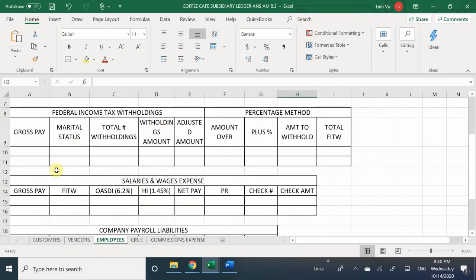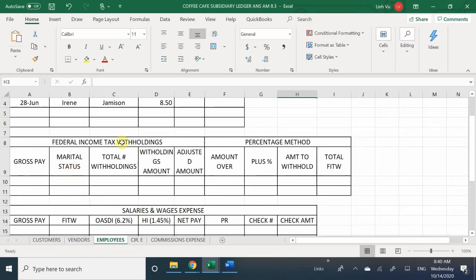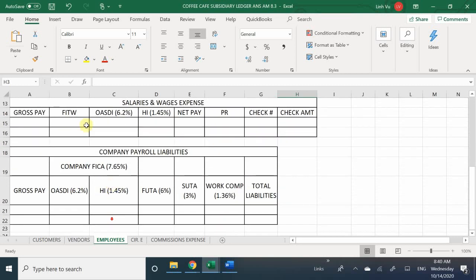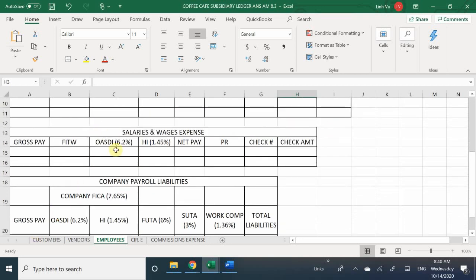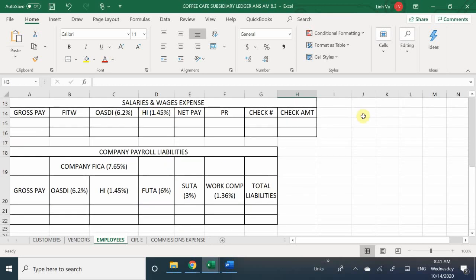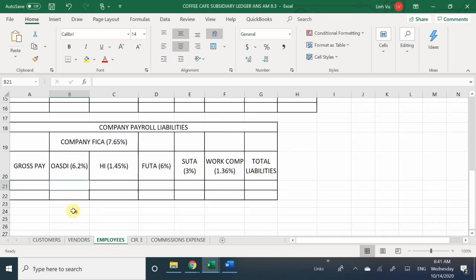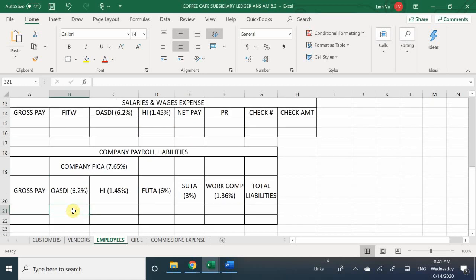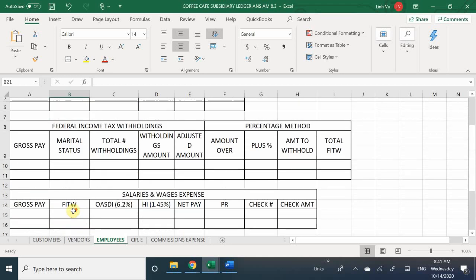But when we're looking through here, that's where we're going to calculate what our FITW is going to be, and also our Social Security and Medicare, and then we're going to get our section right here of how much it's going to cost us to pay for the taxes for having Irene as a worker. Okay, so this table just makes it easier to calculate and makes yourself a little more organized.